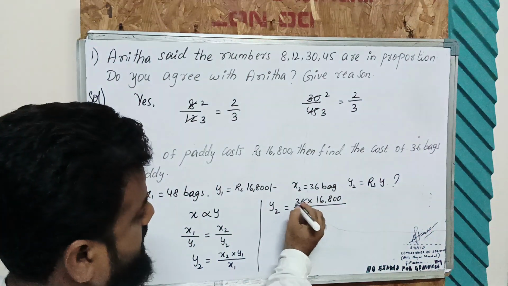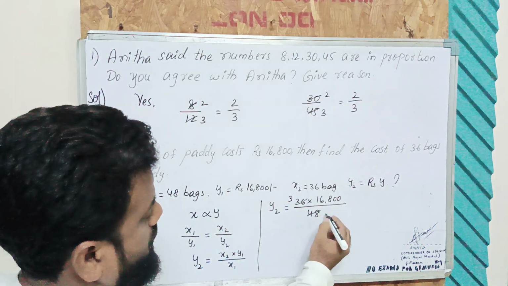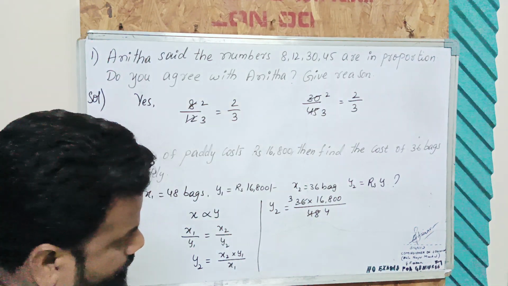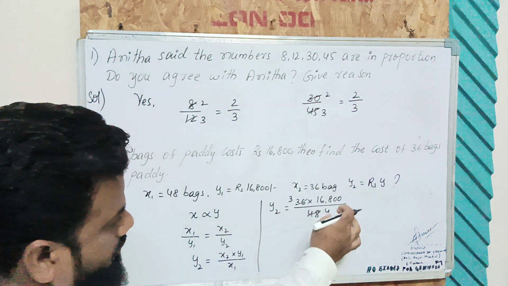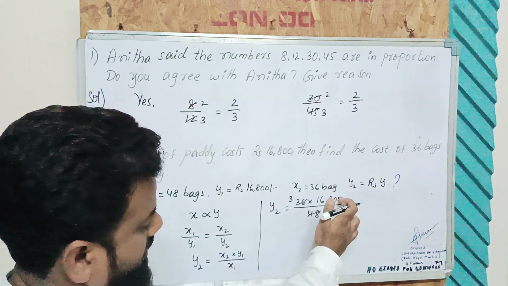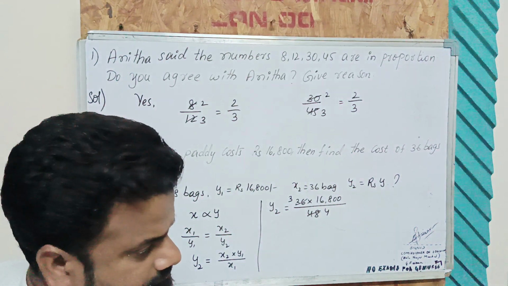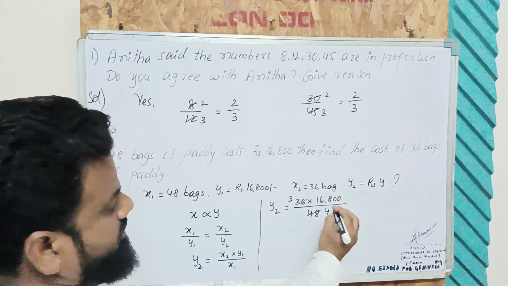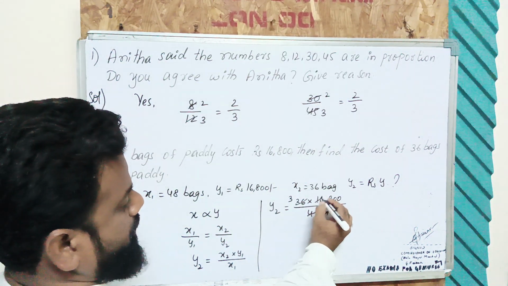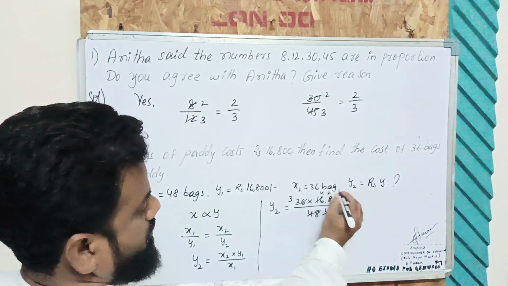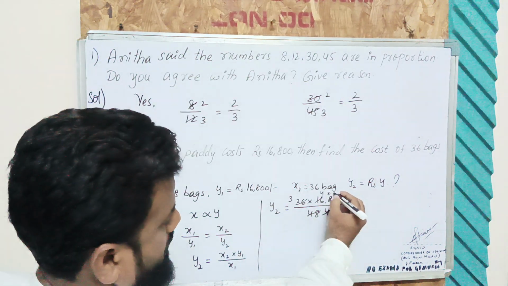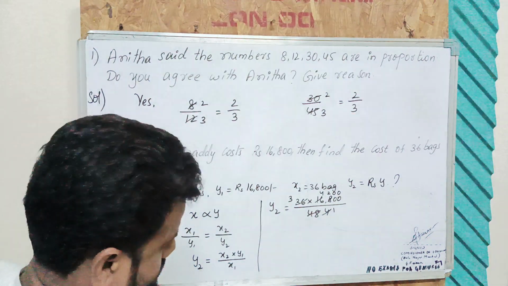So we can cancel them. 12 3s are 36, 12 4s are 48. Now this 16,800 comes in the table of 4. So we can cancel that also. 4 1s are 4, 4 4s are 16, 4 2s are 8, and 4 0 0s are 0 0.